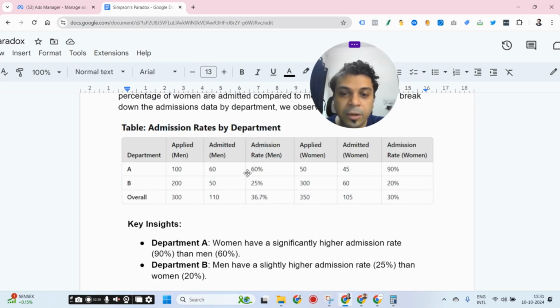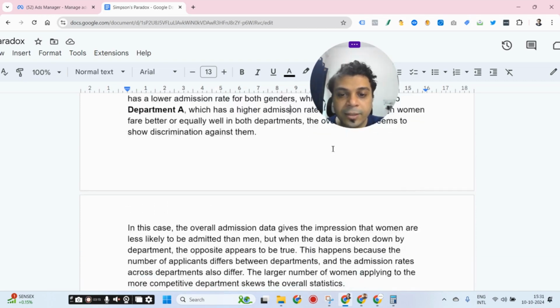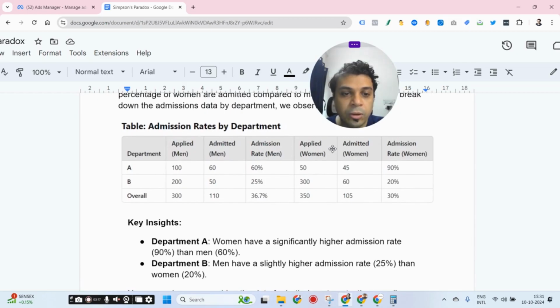For instance, in Department B, for both men and women, the overall admission rate was much lower, and women applied more in that department compared to men, and even compared to themselves in Department A. That is the reason why the overall average admission rate for women went down. So this is why averages can be misleading, and this is precisely what Simpson's paradox is all about.